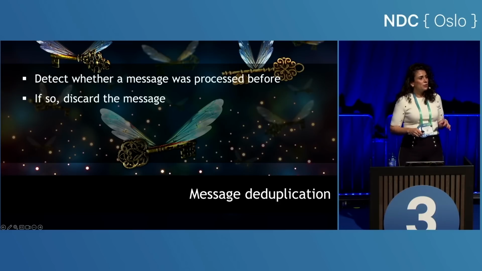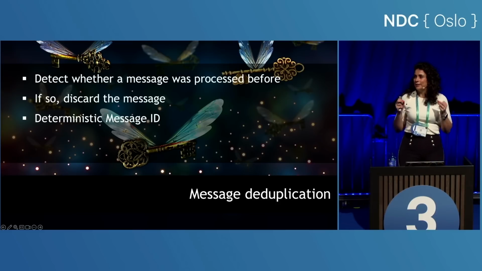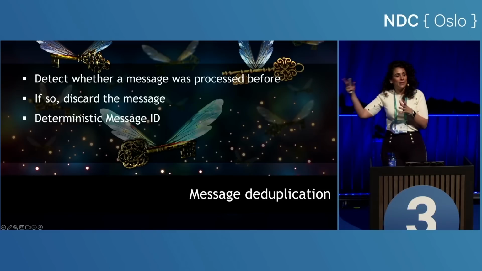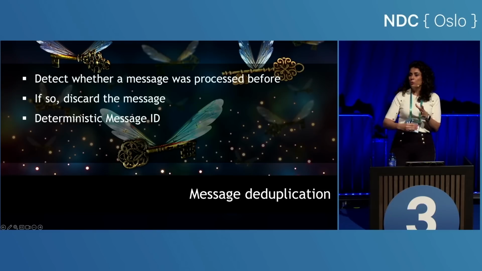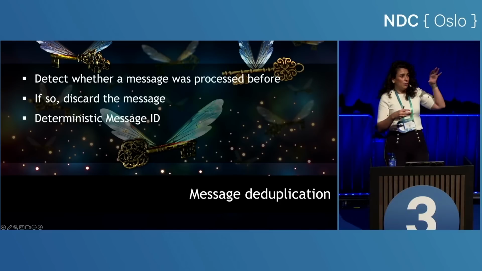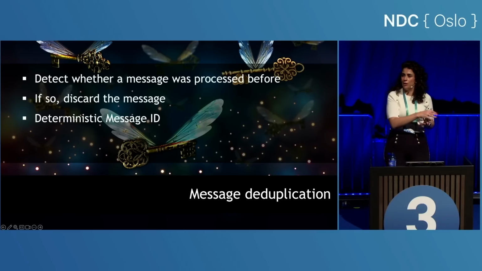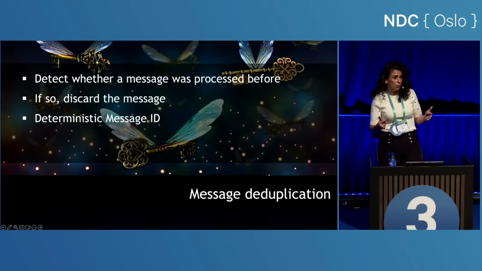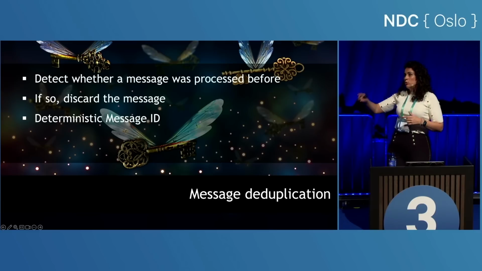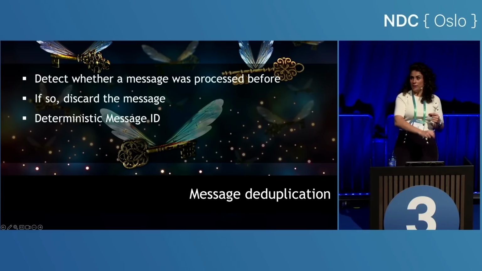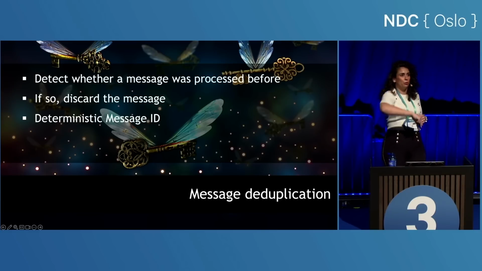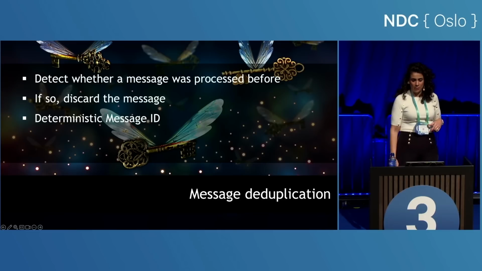The way that this works is based on a deterministic message ID. So that means that when we send out a message, we will have to always regenerate the same ID. We can, for example, do that based on an entity ID. We want to charge an order 5673 and then create an ID based on that. So that even if we retry that operation, we will send out a message with the same message ID so that we're able to throw it away because we recognize it, okay?